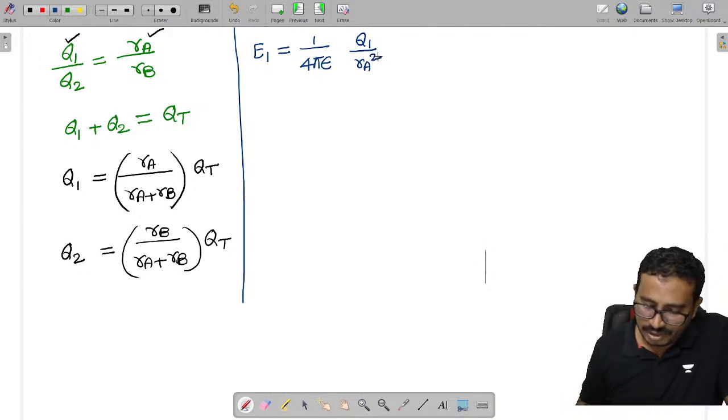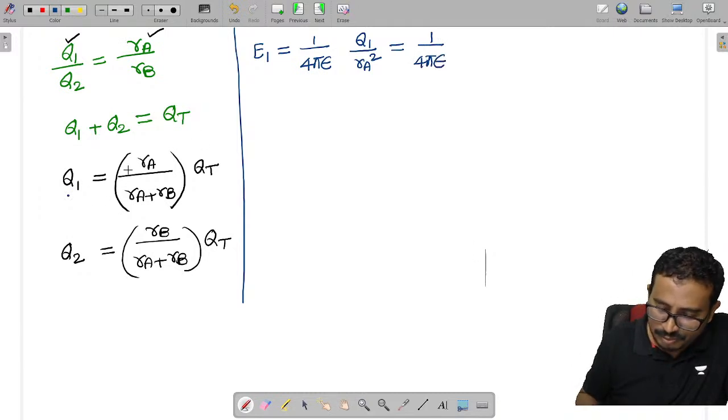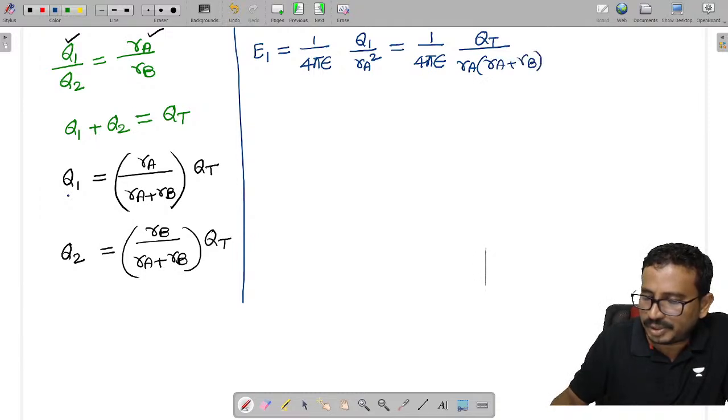If you see carefully, we have the relation for Q1 by RA, so we get 1 by 4 pi epsilon into QT by RA into RA plus RB.